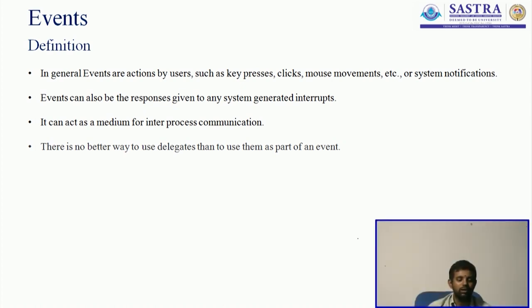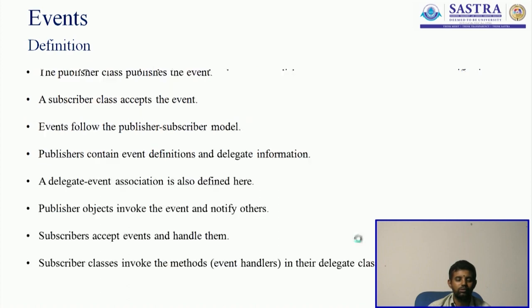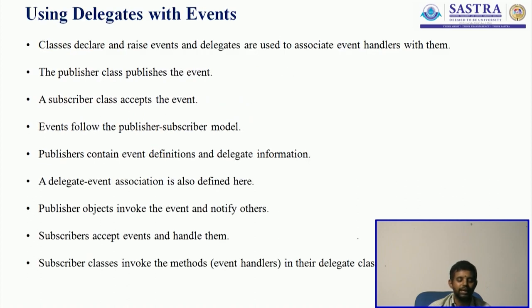In the same way, here also we are going to make use of delegates as a part of an event, right. It follows an approach called the publisher-subscriber model. There is a publisher class, which publishes the event, and a subscriber class, which accepts the event.